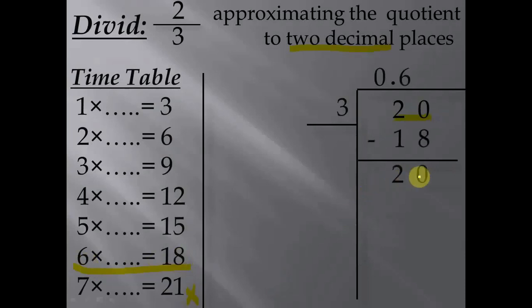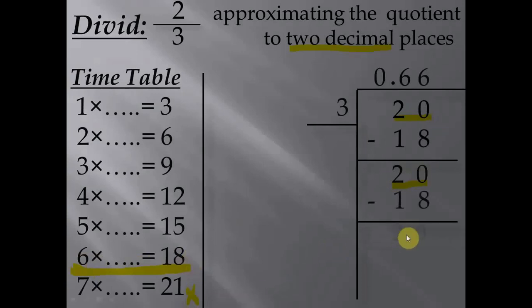And we can add another 0. 20 divided by 3, take the same multiply. The first number, write it up, the second number, write it under the dividend and subtract.